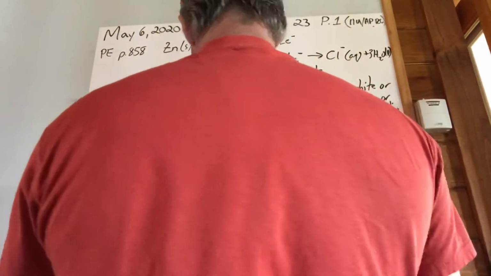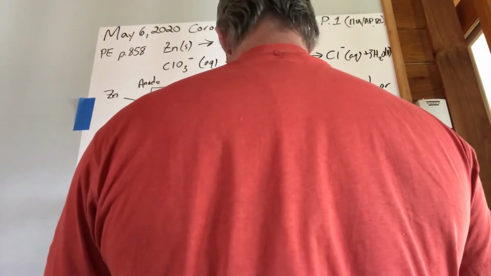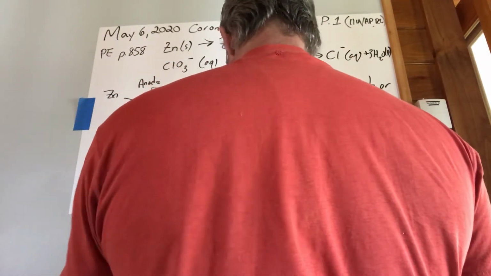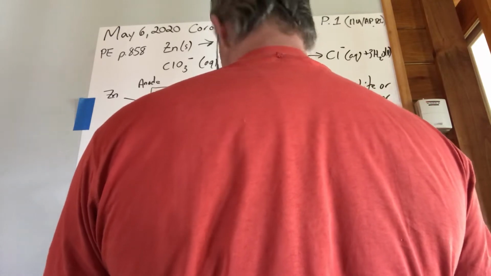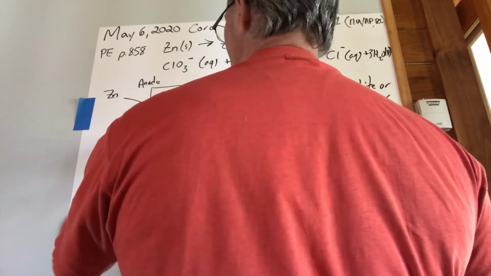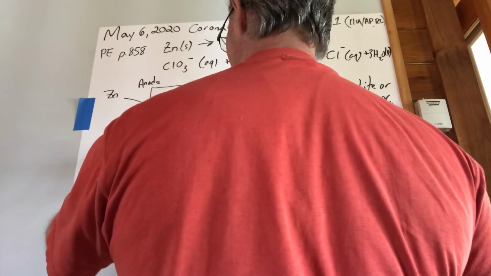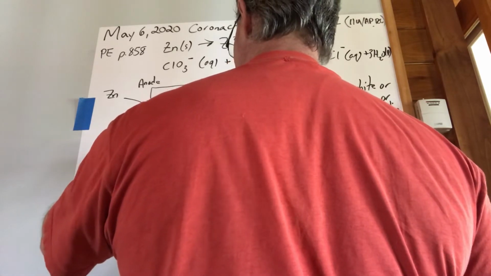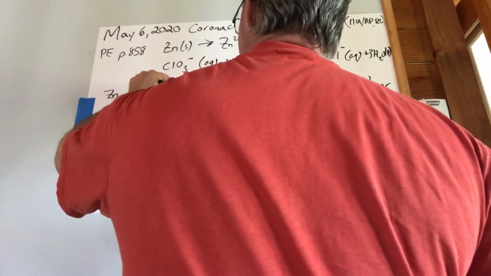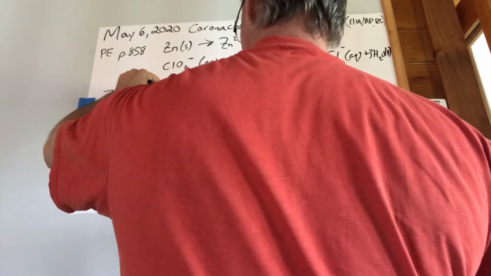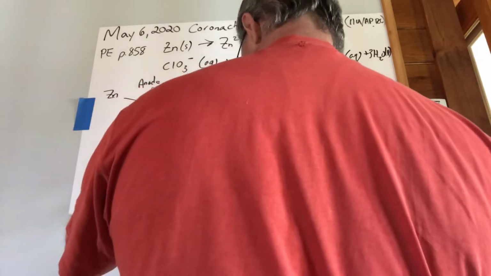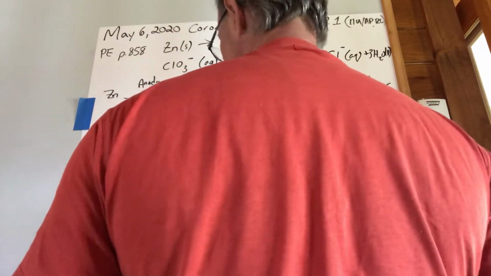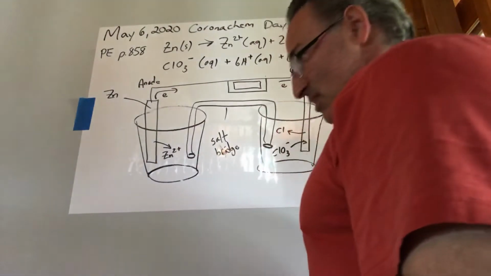So this is a piece of zinc dipping into the solution that contains water and whatever other salts are necessary to promote the reaction. What happens here is the zinc actually comes off. The anode gets lighter over time, and you get zinc ions forming in solution and electrons going this way. So electrons are leaving the zinc electrode as the zinc ions also are leaving the surface of the zinc electrode.